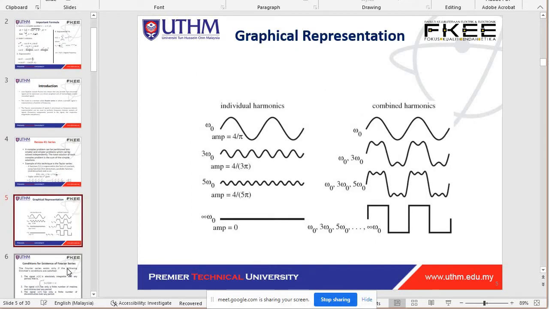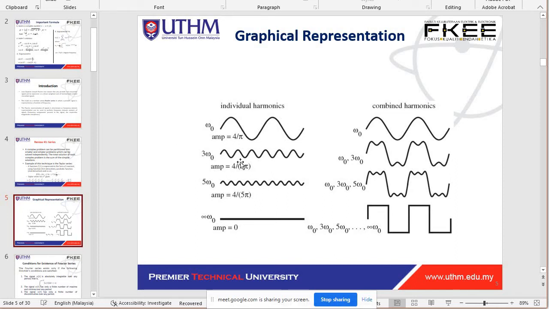So if you look here, this is the individual harmonic and the combined harmonic. First of all, you need to know what the individual harmonic looks like. If omega naught, it looks like this.